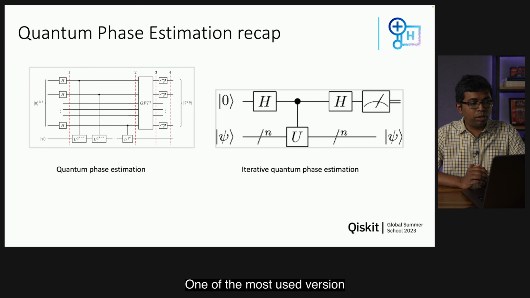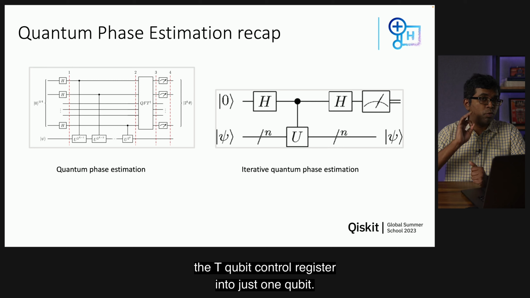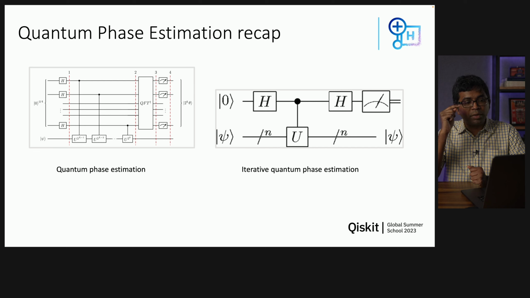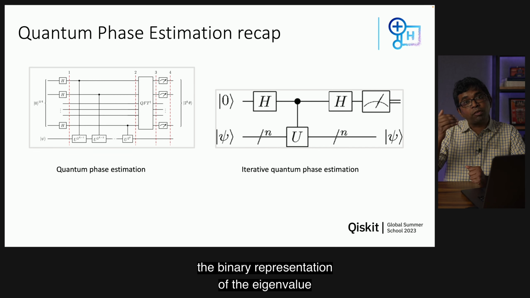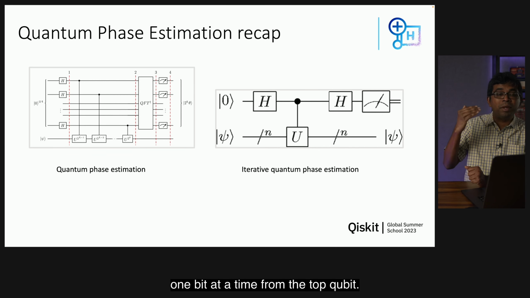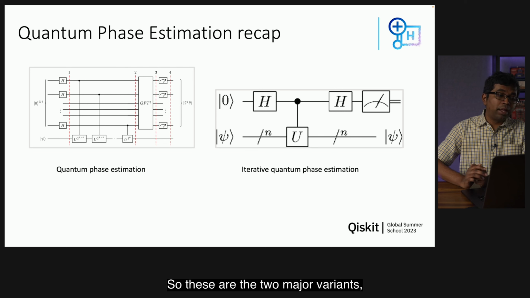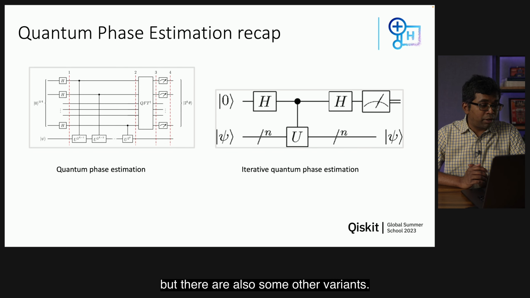But the main point here is that we reduce the t qubit control register into just 1 qubit, and we basically read out the eigenvalue, the binary representation of the eigenvalue, 1 bit at a time from the top qubit. The bottom register is actually the same as the original phase estimation algorithm. So these are the two major variants, but there are also some other variants.